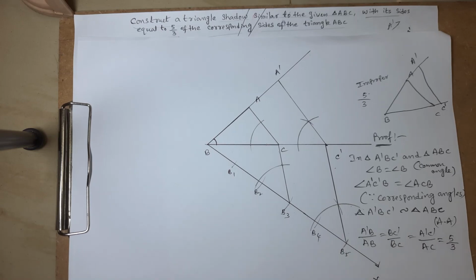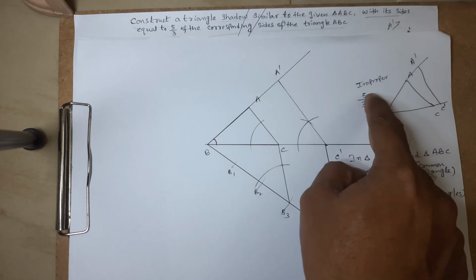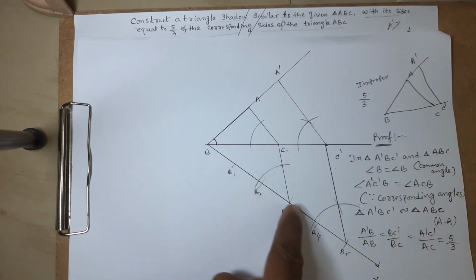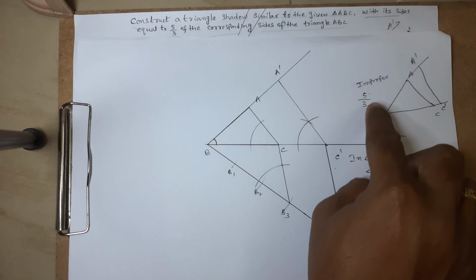So this is the construction. Here just 3 points you have to remember. First, 5 by 3: take the bigger number, 5, and mark 5 points on this ray. The second point you have to remember is the denominator.